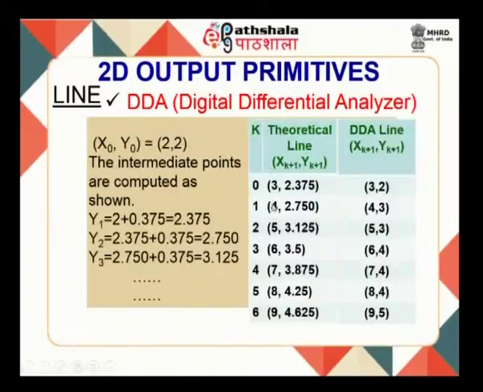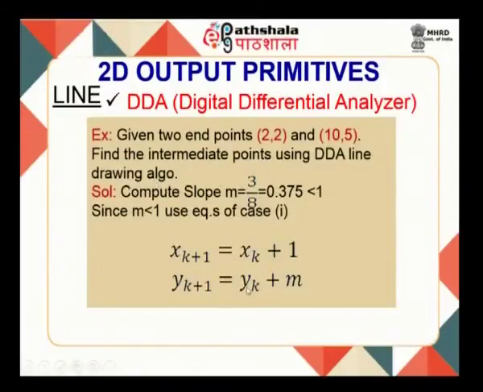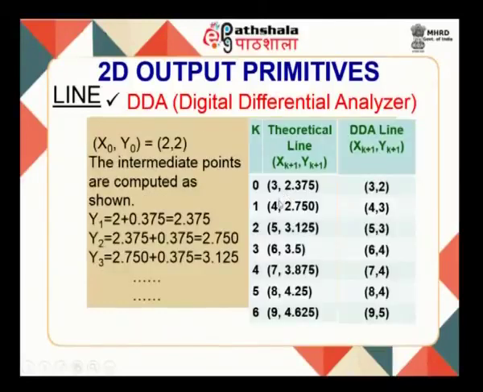So, the x coordinate gets incremented by 1 unit: 3, 4, 5, 6, 7, 8, 9, and we have to compute the y coordinate using the equation y k plus 1 equals y k plus m. Take the previous y value, add m to that, and m is a fraction here, which is 3 by 8, that is 0.375. So, here the next y value is computed.